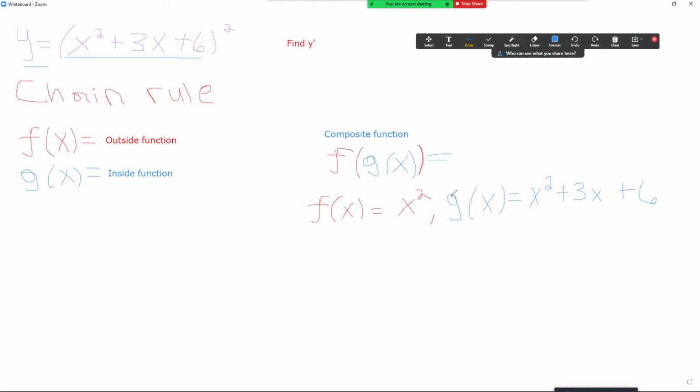So this is how we first think about it, as a composite function. This is what I want you to first take when approaching chain rule. You always identify, because sometimes you can have more than two functions. You can have three, so we use the letter h. But in this scenario, we only have two functions.